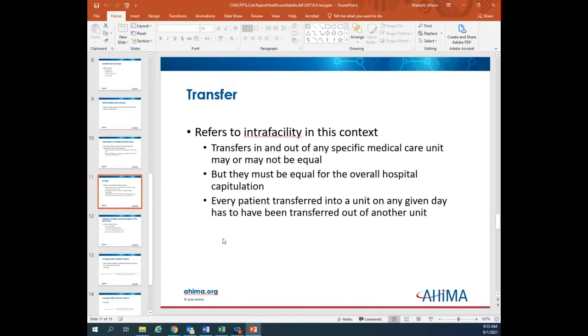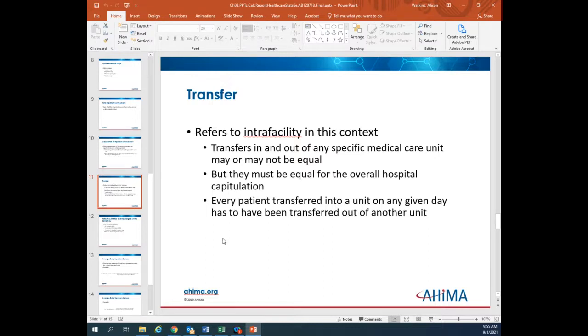Transfers in and out of a hospital called inter-hospital or inter-facility transfers are included in admissions and discharges. Transfers in and out of a specific medical care unit may or may not be equal, but they must be equal for the overall hospital summary.